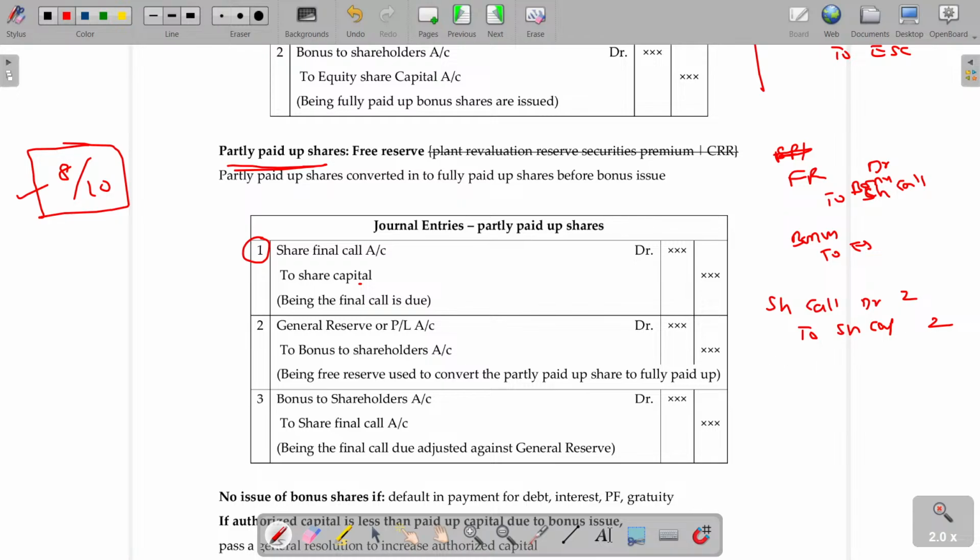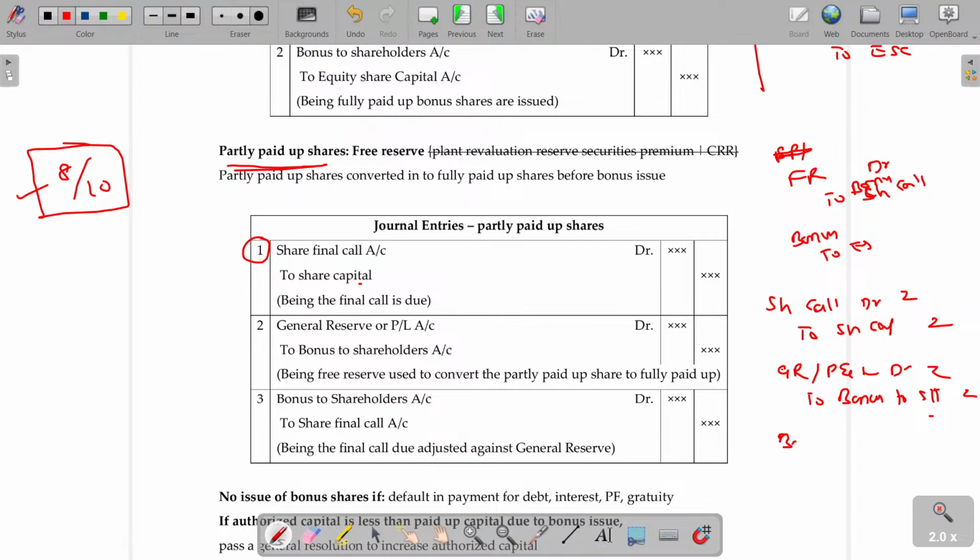The journal entry is: general reserve or profit and loss, whatever it may be, profit and loss account debit to bonus to shareholders, 2 rupees. And this bonus is now assumed to be collected for the share call.